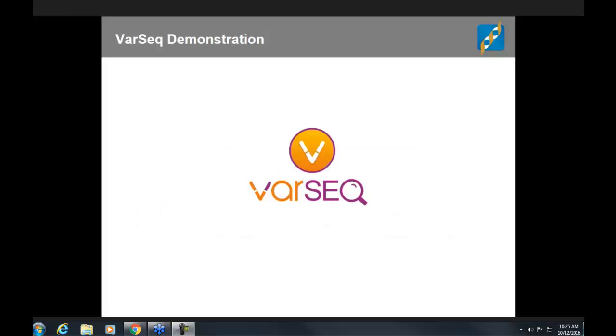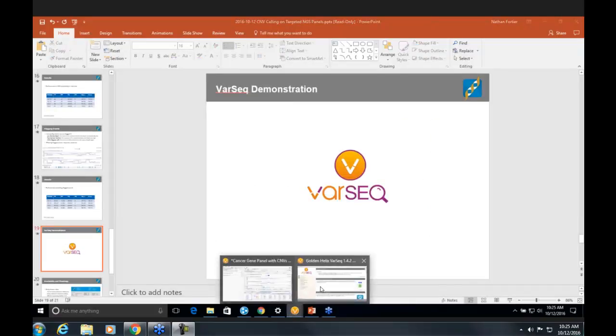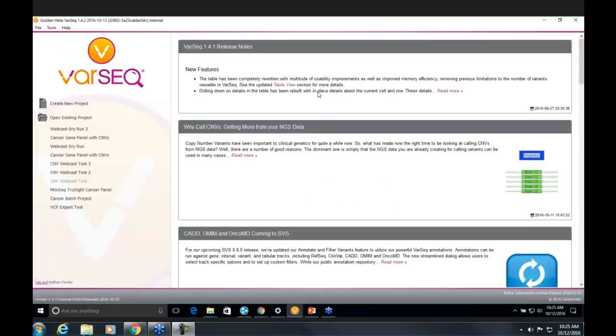So with that, I'm going to go ahead and jump into VarSeq and show you what the algorithm looks like in practice. So what I currently have on my screen is the initial VarSeq screen. This is what you're going to see when you first launch the application.